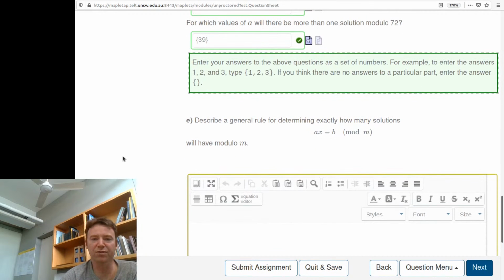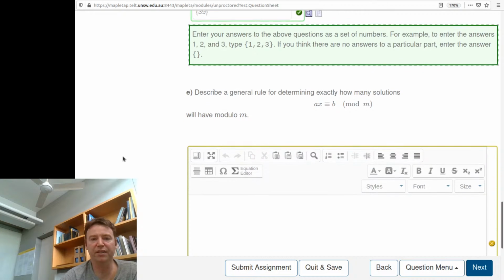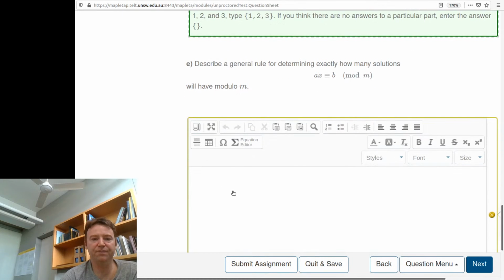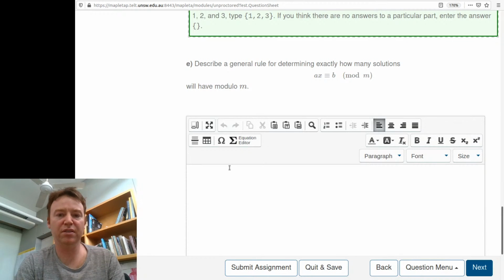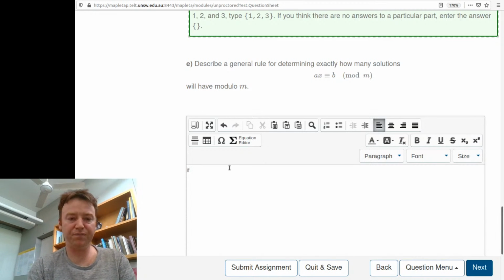Describe a general rule for determining how many solutions there will be mod m. Okay, so this is pretty much what we've done in lecture notes. So if GCD of A and B equals 1, then there are unique solutions.